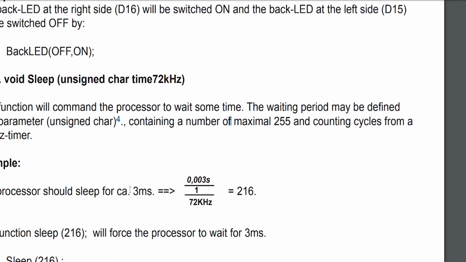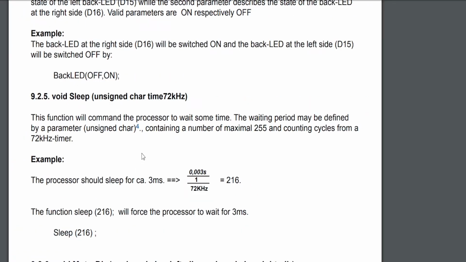It explains that to get the processor to sleep for 3 milliseconds, you put 216 in the parameter. So the function sleep 216 will force the processor to wait for 3 milliseconds. You put in your code sleep, brackets, 216. This is where the Asuro manual really comes in handy.